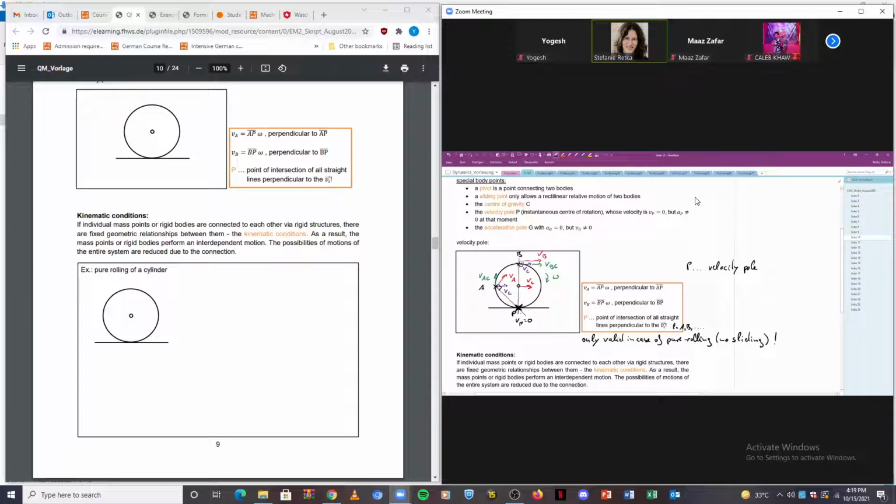If we have different problems like beams connected by joints, we might also find a velocity pole there, but then of course it's somewhere else. We will discuss that later on. But for this situation here, we know the velocity pole is in this contact point.